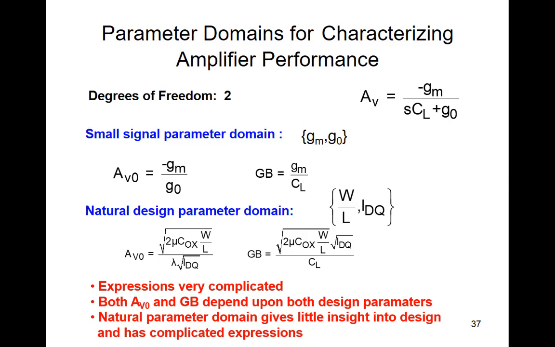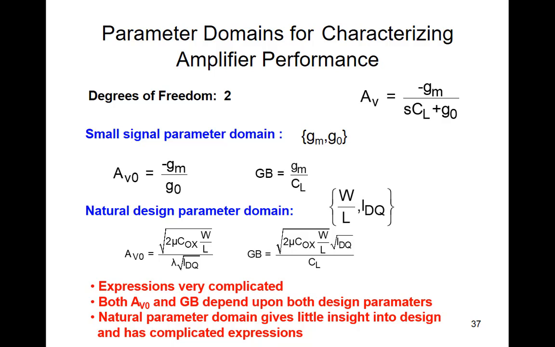Unfortunately, if I want to explore this design space, the expressions are quite complicated. I've got a square root of W over L in the numerator and a square root of IDQ in the denominator here, and for GB I've got a square root of W over L in the numerator and a square root of IDQ in the numerator. And both expressions are dependent upon both variables in my parameter domain.